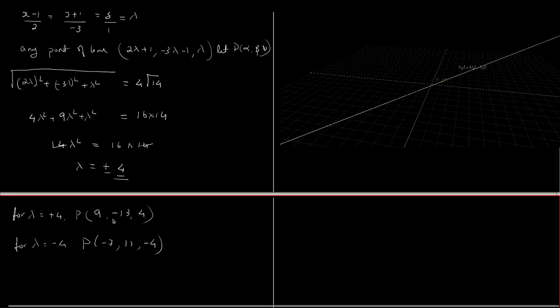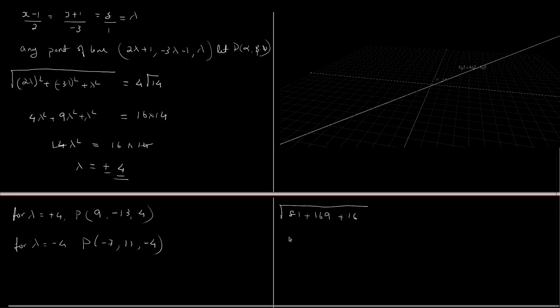So we need to calculate the distance of these 2 points from the origin. For the first point, it will be the square root of 9 square is 81, 13 square is 169, and 4 square is 16.